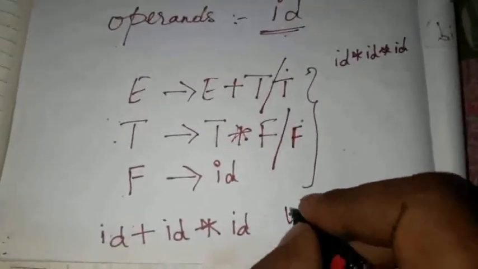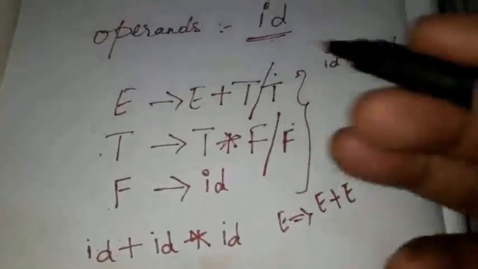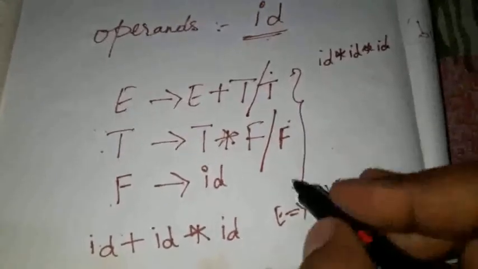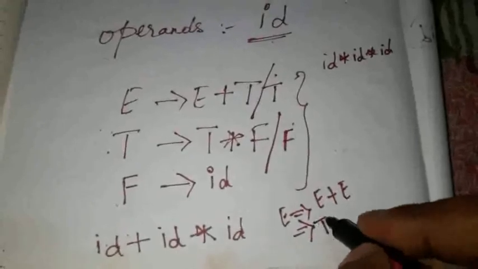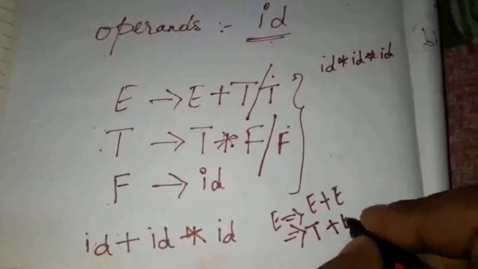So what I do here is, initially I'll take E tends to E plus T, right? Now see the definition of this E. This E can be replaced with E plus T, or it can be replaced with T as well. So I'll replace this E with T, that is the left recursion, plus T, I'll write it as it is. In the next step, for T, I'll take the definition of F. Now what is the definition of F? F can be written as ID.